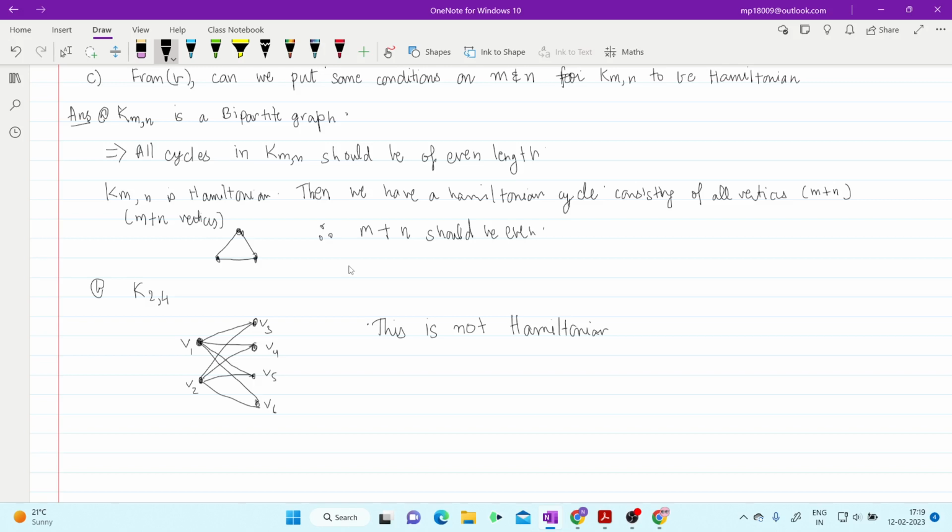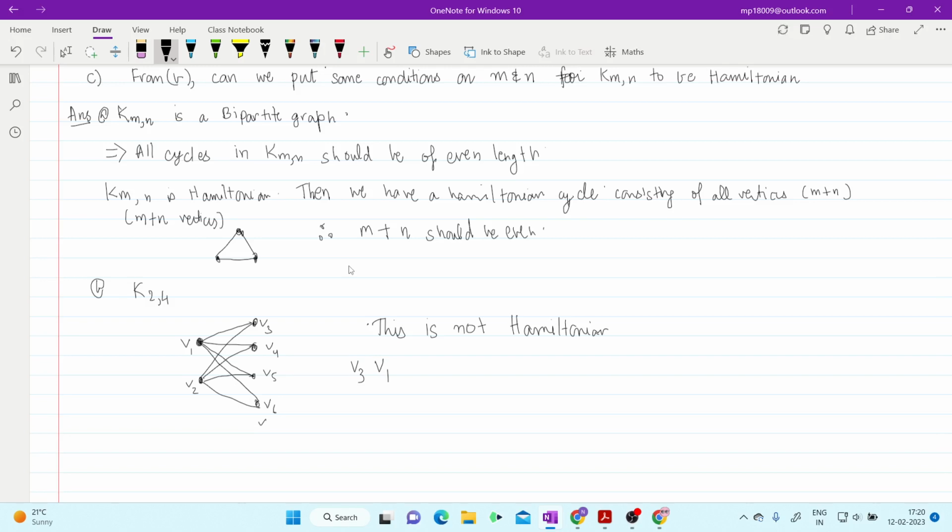This is the right reason. So what she is saying is that suppose we want to construct a Hamiltonian cycle. Suppose we start from the right, from V3. We have to find a Hamiltonian cycle which covers all the vertices. Now we pick a vertex from set B. The next vertex will have to be from set A, it cannot be from set B itself because there are no edges within B. Let's say it is V1.